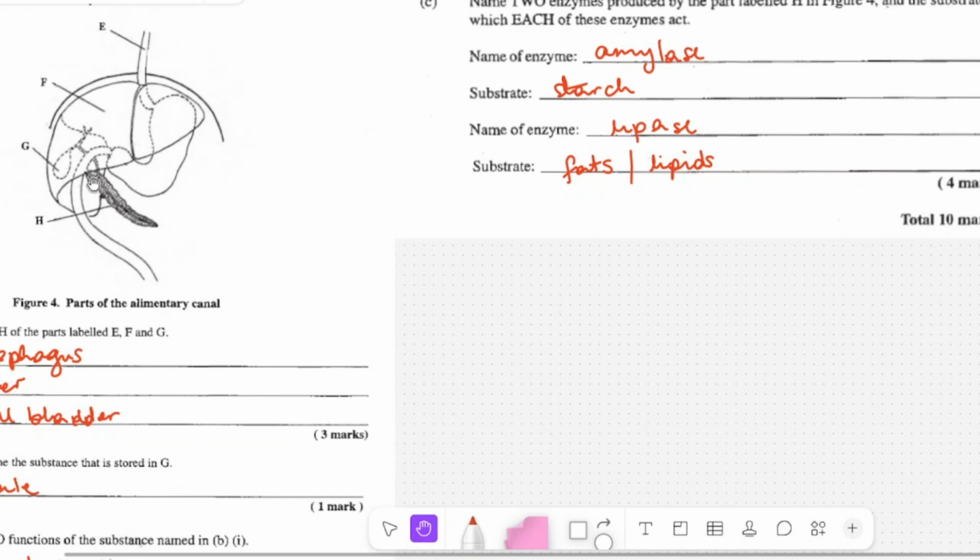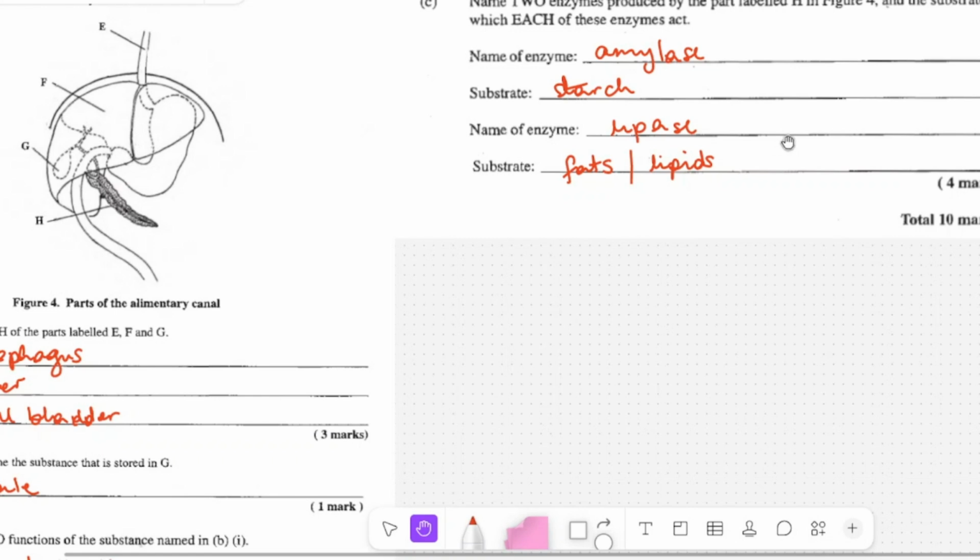We should know, again, associated here. H would be the other accessory organ, which is the pancreas. And just by the shape alone, we should know that this is the pancreas. So we identify that it's the pancreas, and the substrate on which each of the enzymes act. So what are the substrates that these enzymes work on?